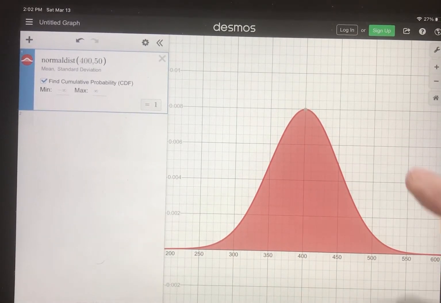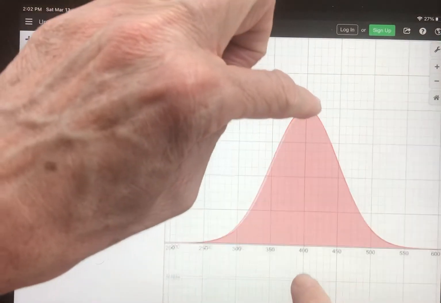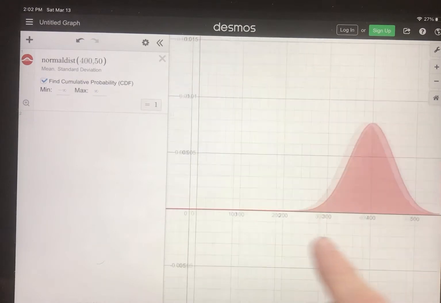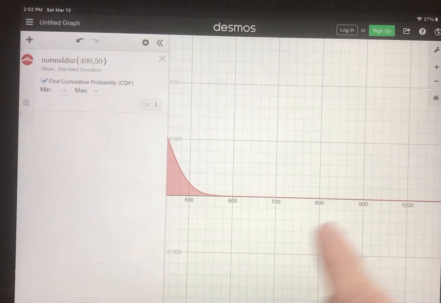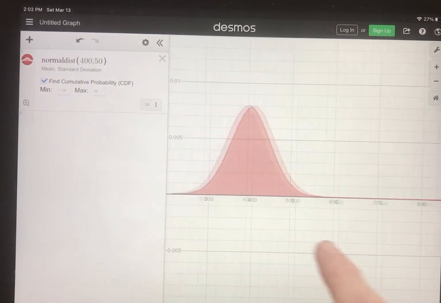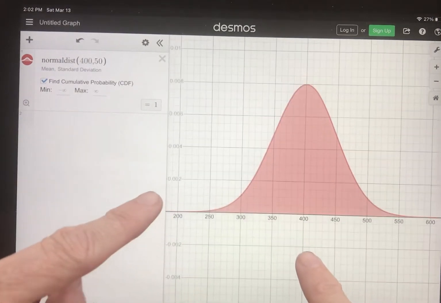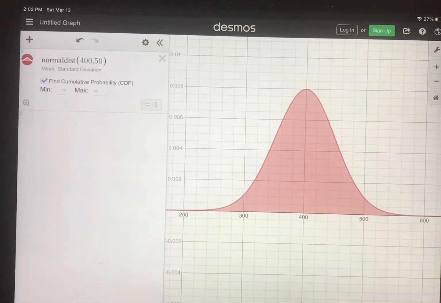That is why it is entirely shaded. It goes on forever to the left and to the right, even though there are fewer and fewer values there. We tend to focus on, of course, 3 standard deviations above and below, because that's where the vast majority of data is located.